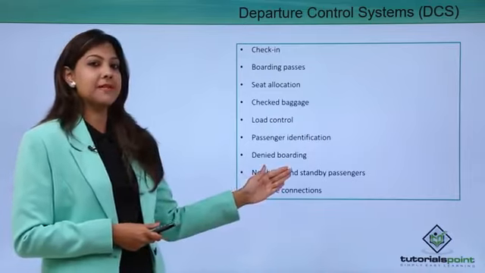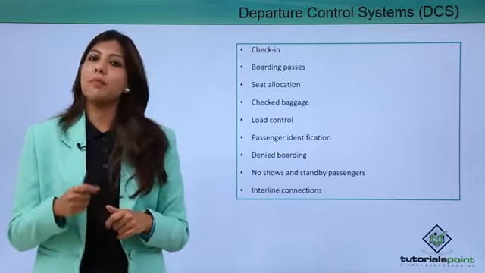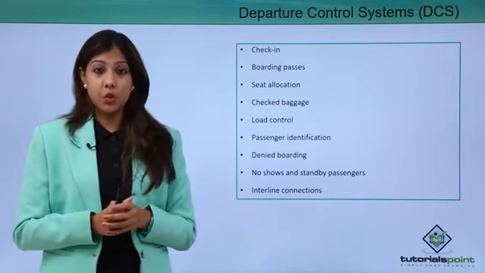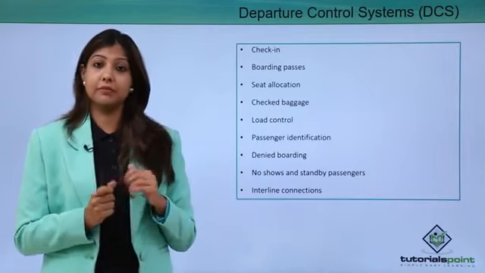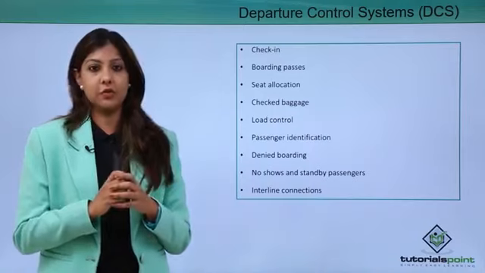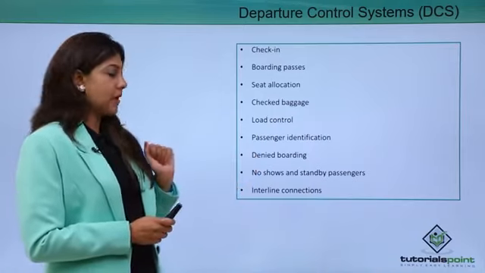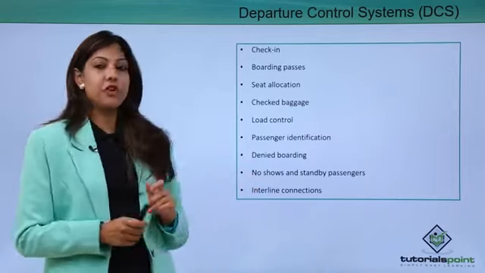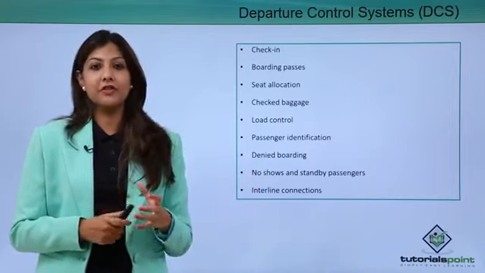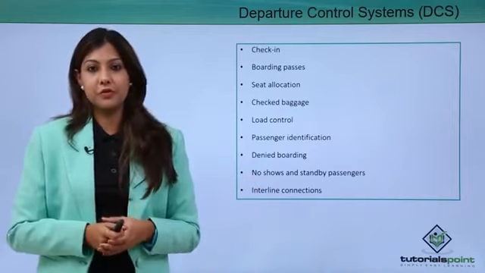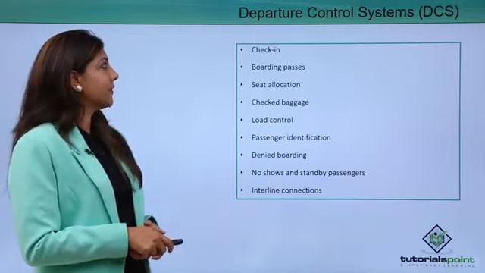No-shows and standby passengers: at times, a passenger might have checked in, but he doesn't show up at the gate. So that can be a no-show or a standby passenger. And there could be different interline connections for longer routes of flights.